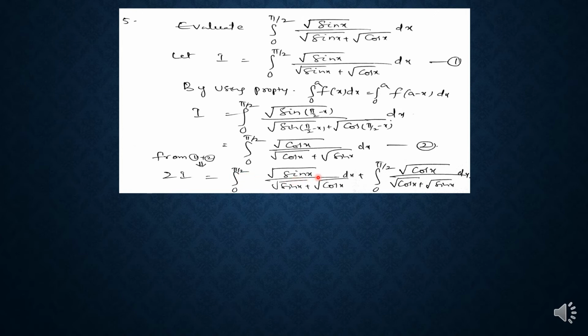root sin x by root sin x plus root cos x plus root cos x by root cos x plus root sin x. That is, the numerators are also equal here, denominators are also equal here.